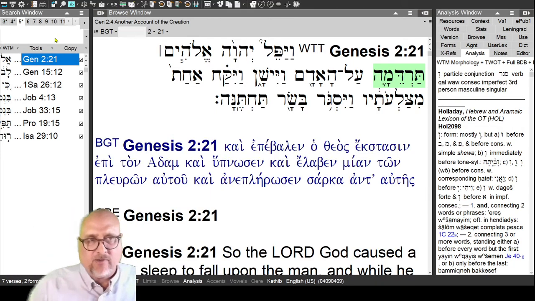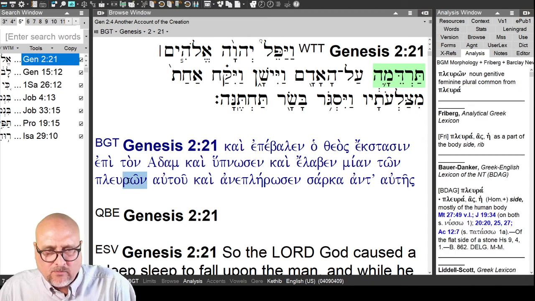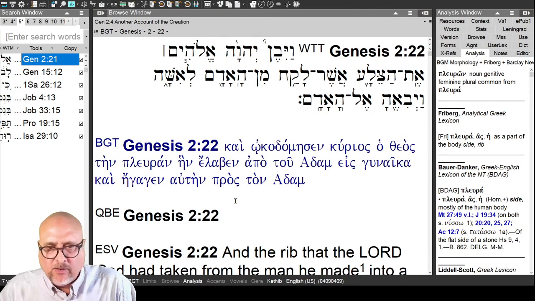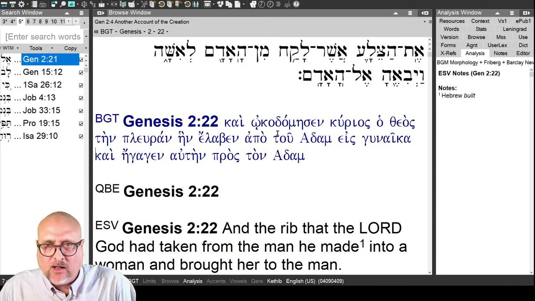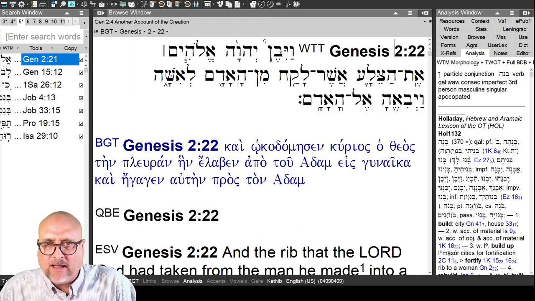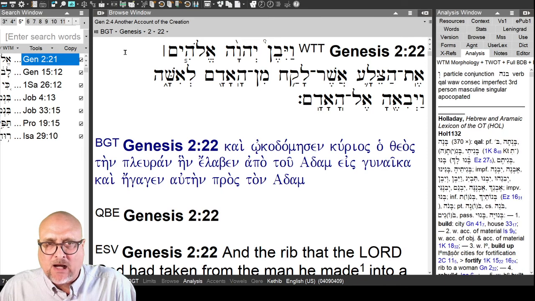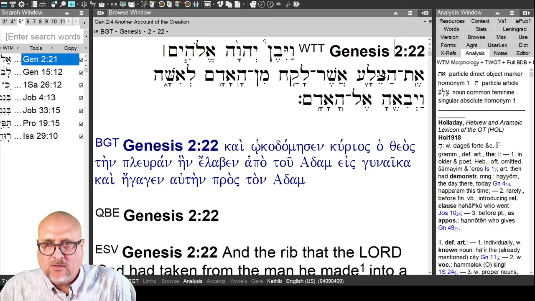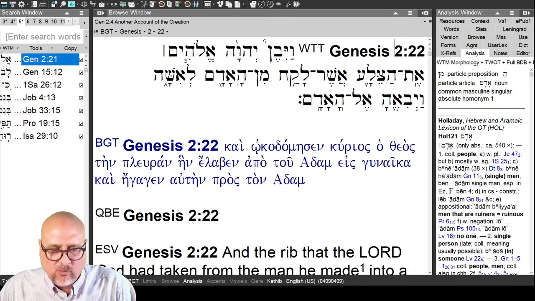If we just added the Greek text, we're going to see this is the word pleura. That's going to be important in a little while. It says, and Elohim banad the rib which he took from the Adam, into a woman.